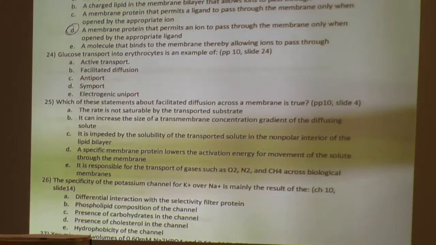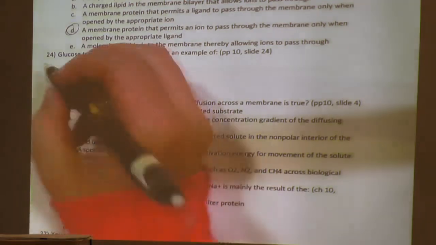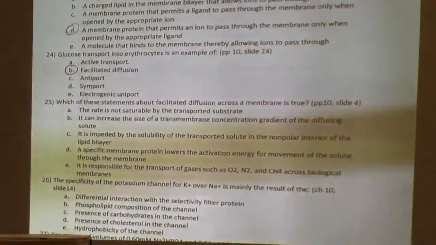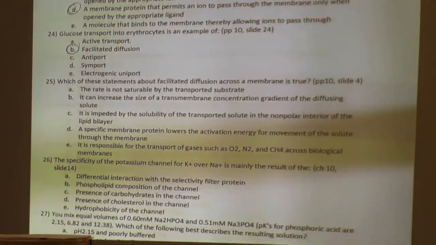Glucose transport into erythrocytes is an example of what? B? Yeah, it's facilitated diffusion. Which of the following statements about facilitated diffusion across a membrane is true?